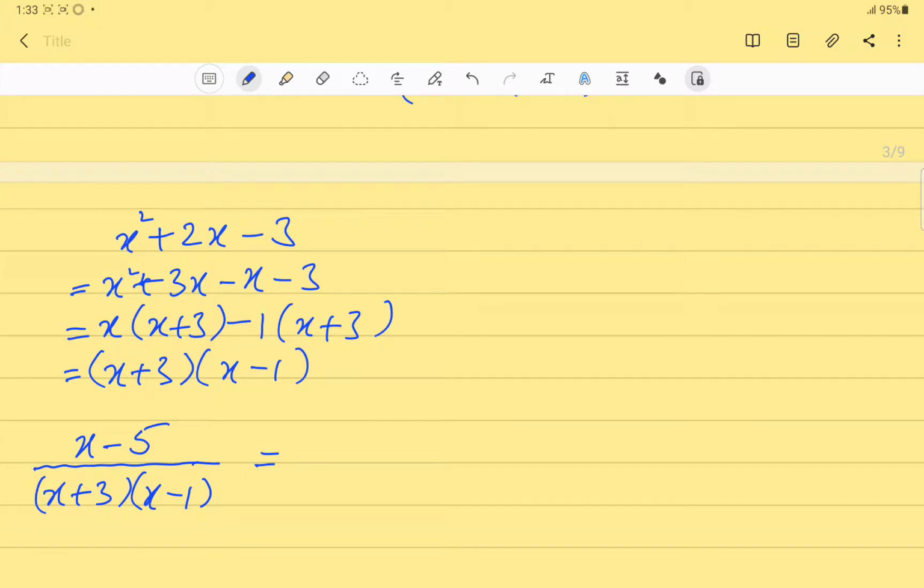Since we have linear factors in the denominator, we can simply write constants along with their separate expressions like x plus 3 and x minus 1. So it will be a over x plus 3 plus b over x minus 1.